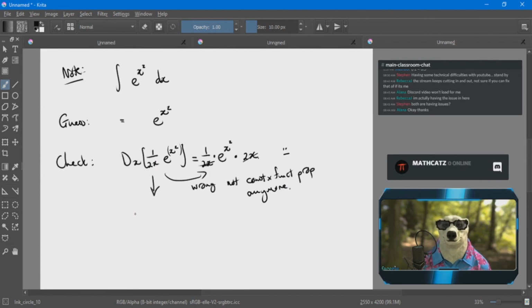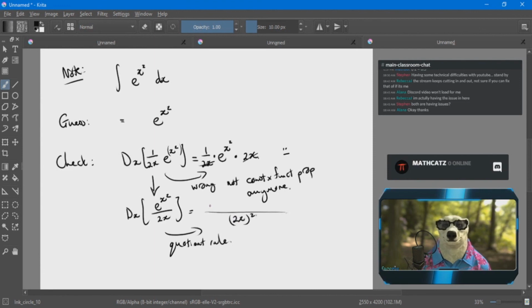So this will have to be the derivative of e to the x squared over 2x, which is the quotient rule, because I've now put more x's in. And the quotient rule is going to give me a whole mess of stuff.